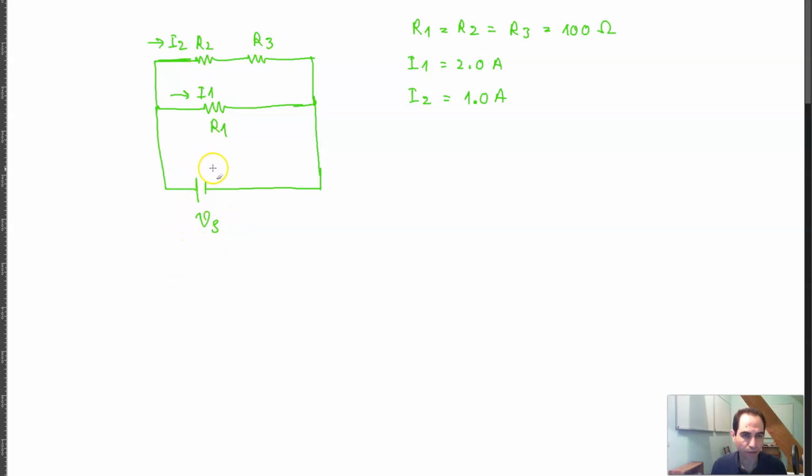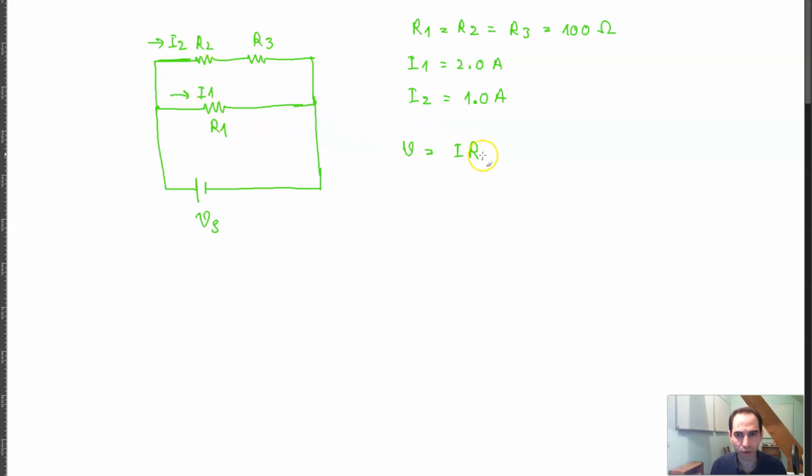In order to calculate the voltage, you know that V is equal to I times R, Ohm's law. I can, of course, calculate the equivalent resistance in this circuit, meaning that you have 2 series resistors here and 1 parallel.